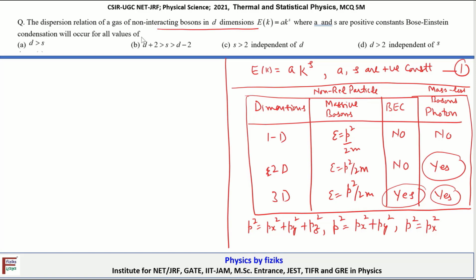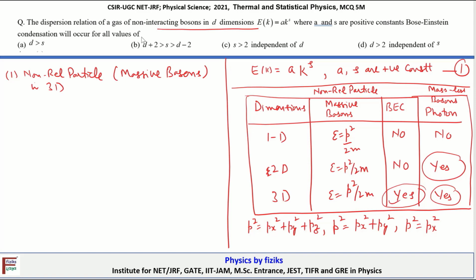So for the first case, a non-relativistic particle, that is massive boson in 3 dimension, so I'm talking about this case.